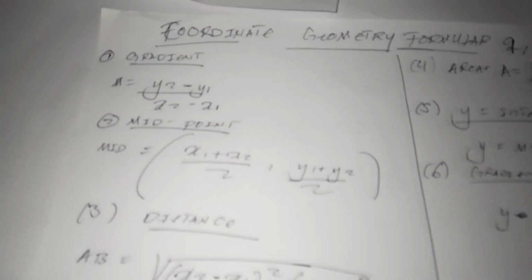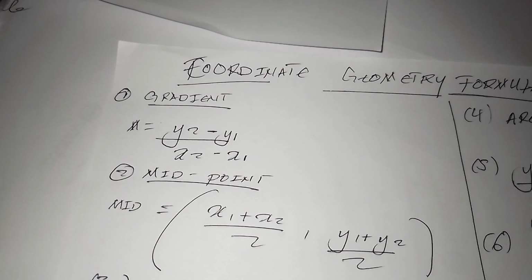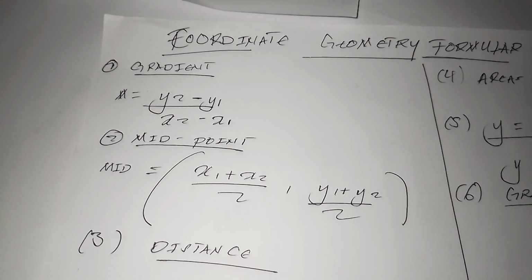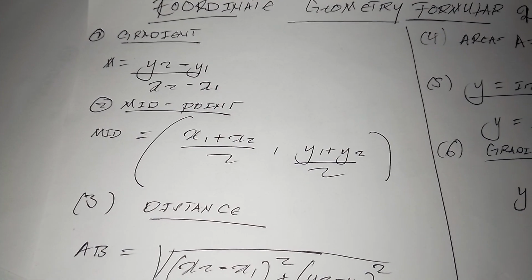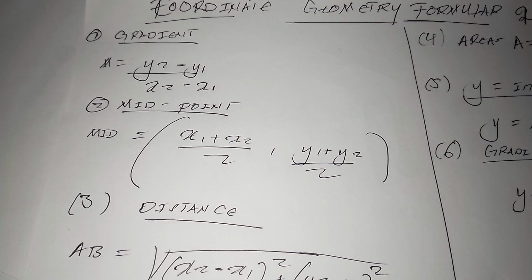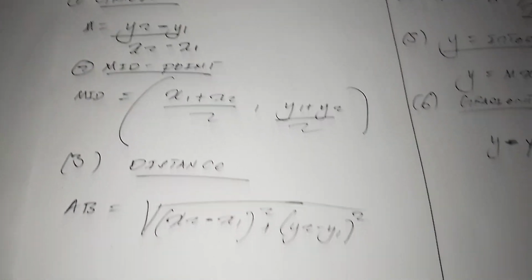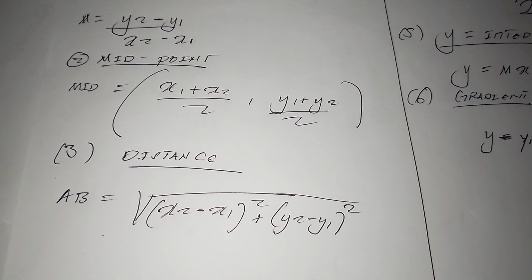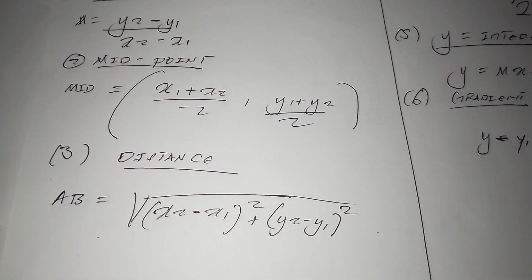So first formula, we have gradient. This is the formula for gradient, and also the midpoint formula. These we're supposed to master without failing. And also we have the distance formula. We're supposed to master it without failing.